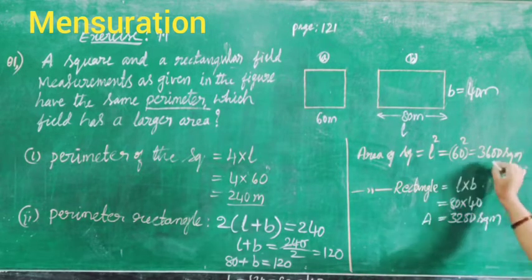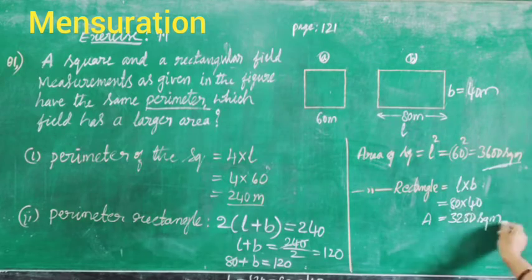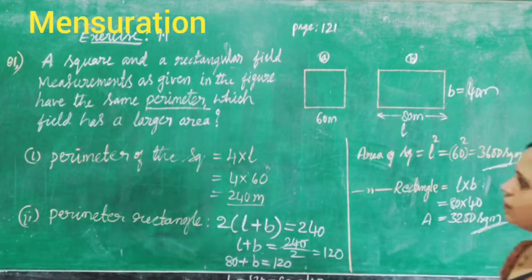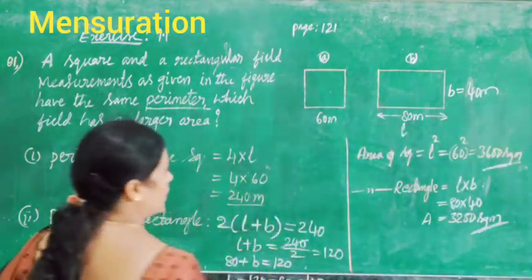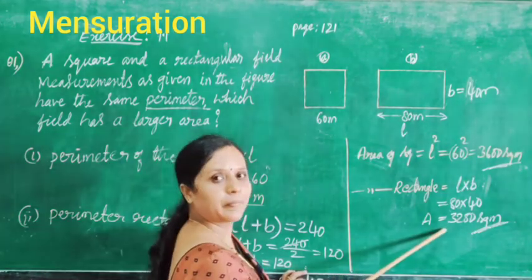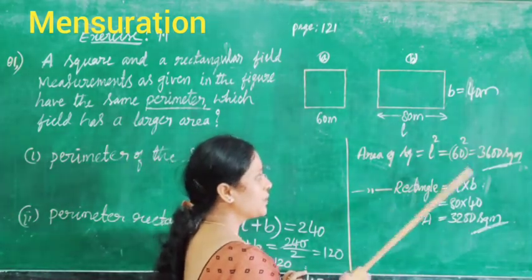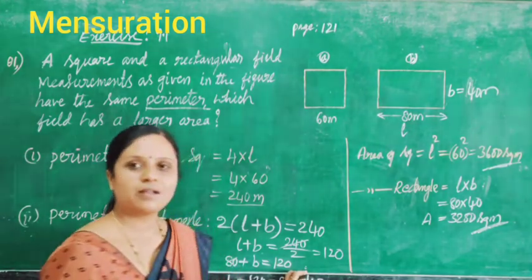Now look at this one. This is the area of square. This is the area of rectangle. Which field has larger area? Look at these two. Among these two, the area of the square is larger.